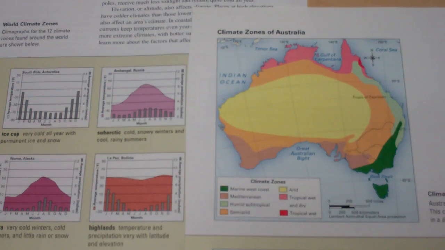So there's two things that are going to impact your climate. Your location on the globe, as I mentioned, if you're near the equator, you're going to be much hotter than if you're near the poles, North and South Pole, where it's going to be much colder. But also your elevation.